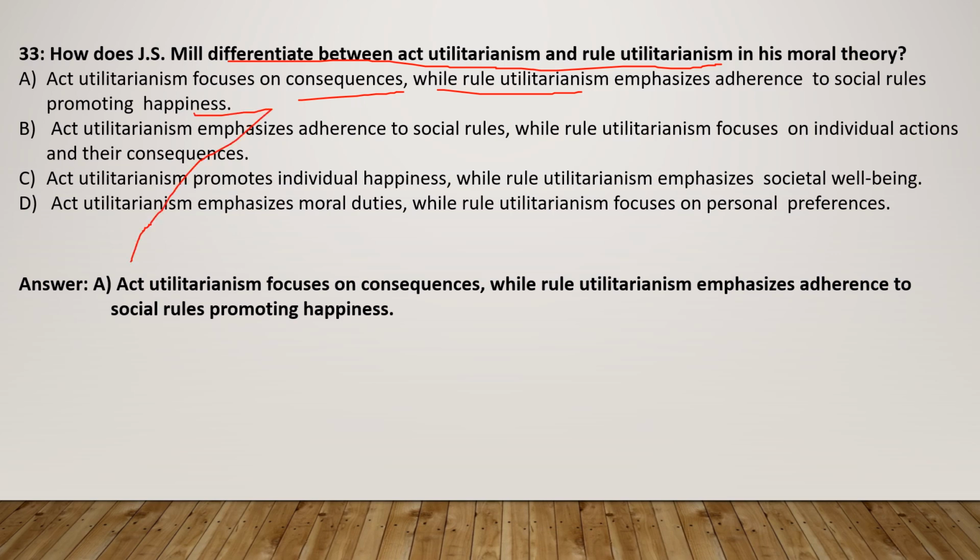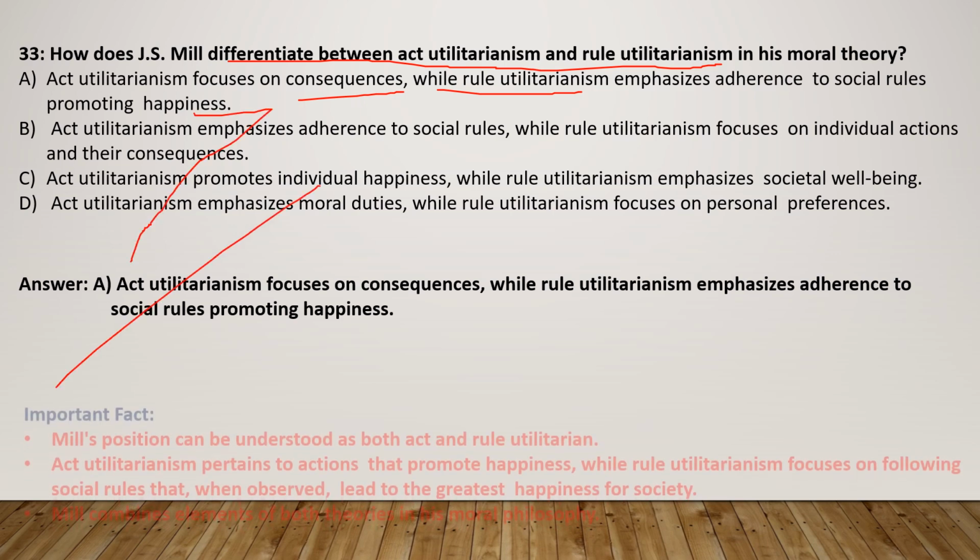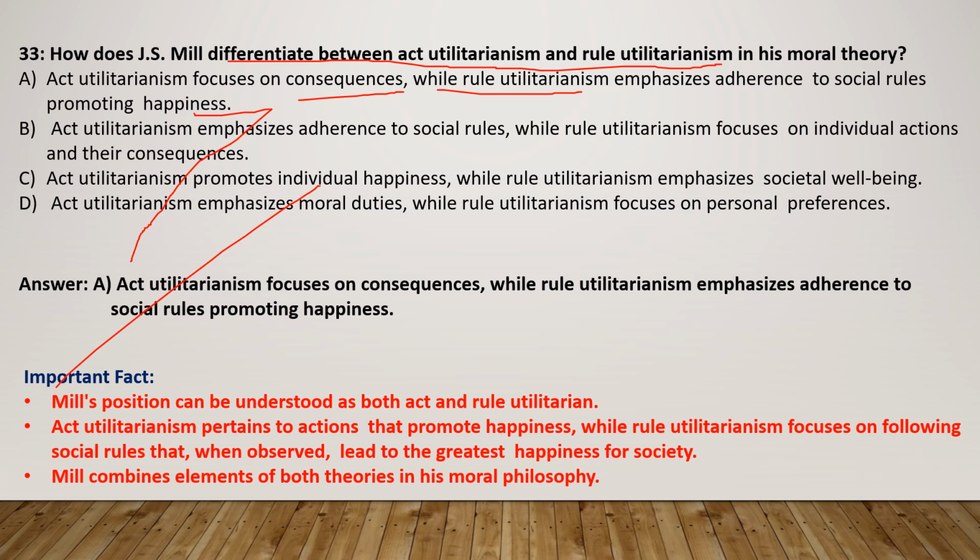Option A. Mill's position can be understood as both act and rule utilitarian. Act utilitarianism pertains to actions that promote happiness, while rule utilitarianism focuses on following social rules that, when observed, lead to the greatest happiness for society. Mill combines elements of both theories in his moral philosophy.